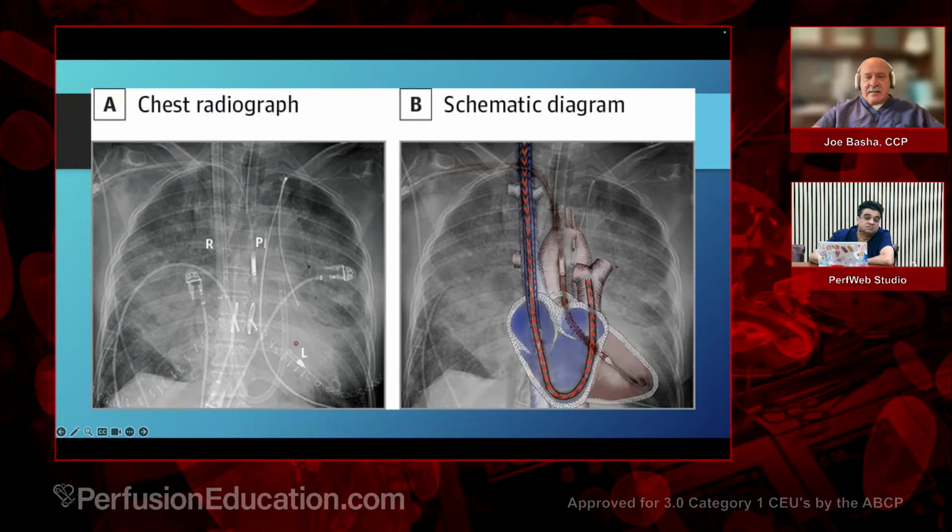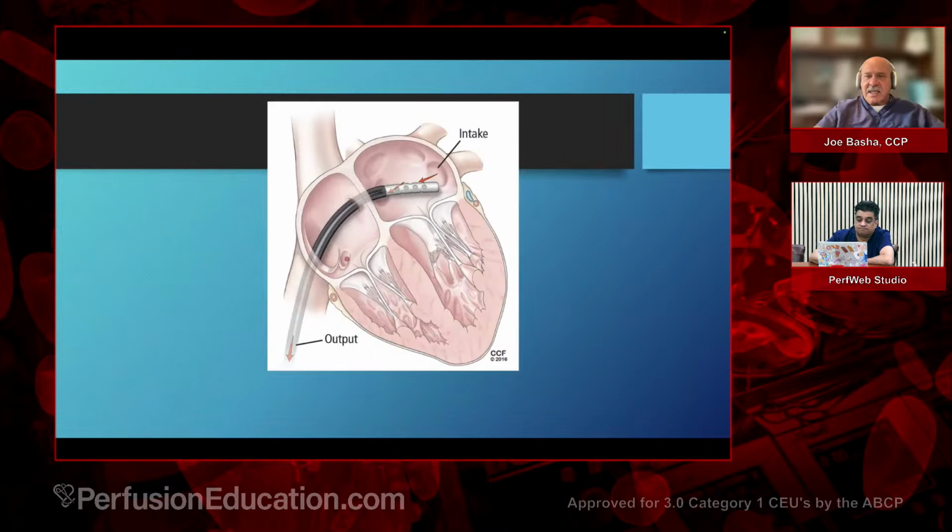This is what you would see on typical X-ray when you're doing your morning X-ray, and you're trying to assess where everything is, or after placement, as the case may be.